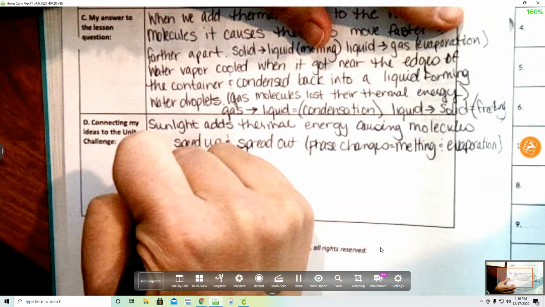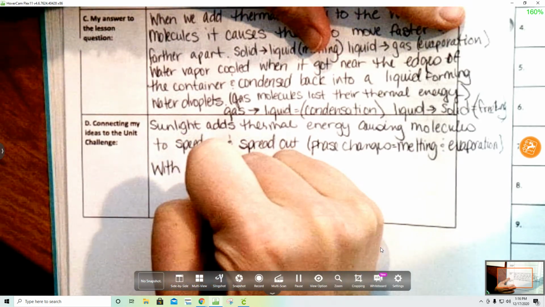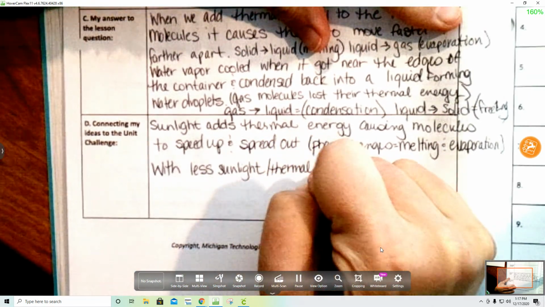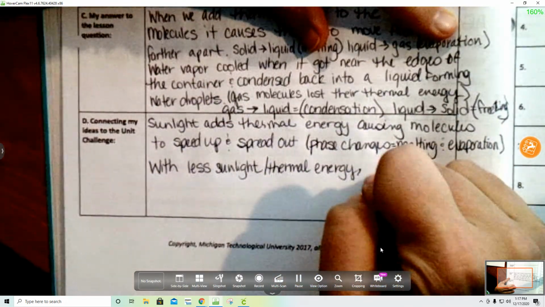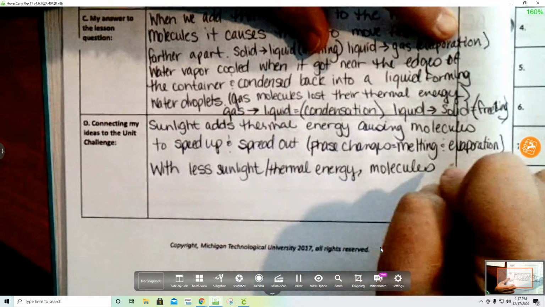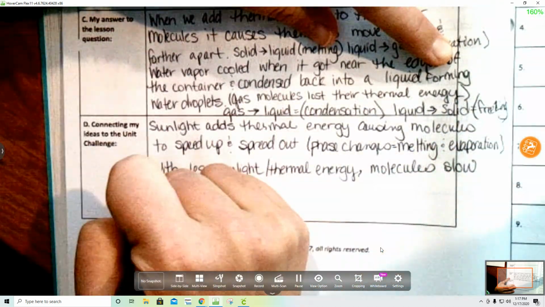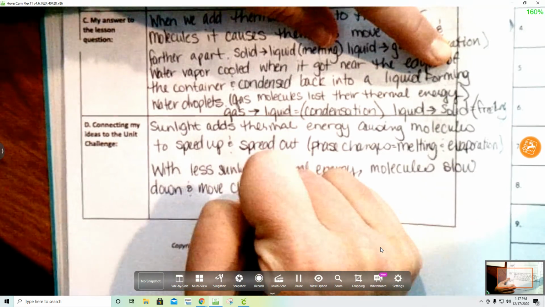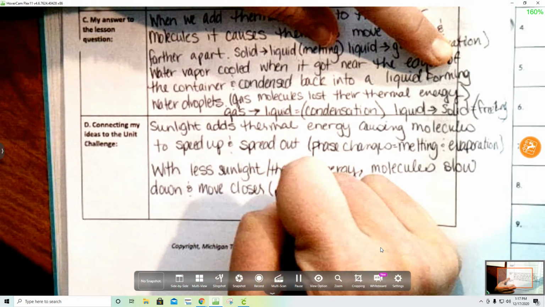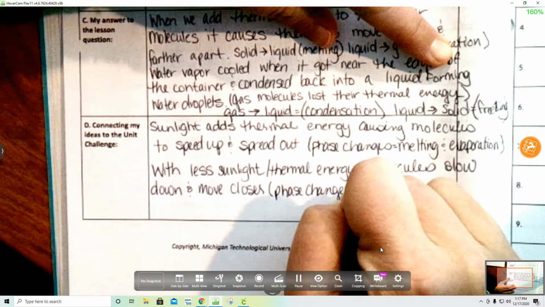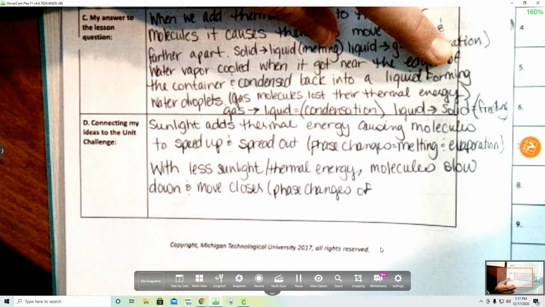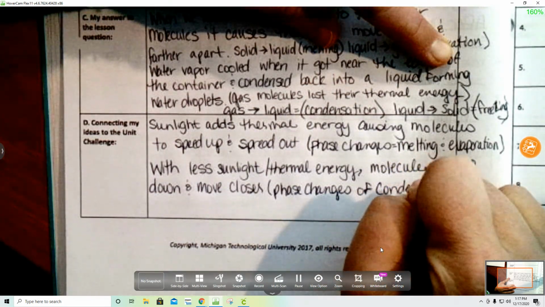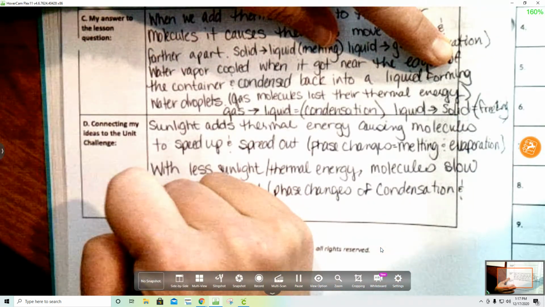And then with less sunlight or thermal energy, molecules slow down and move closer, which is the phase changes of condensation and freezing.